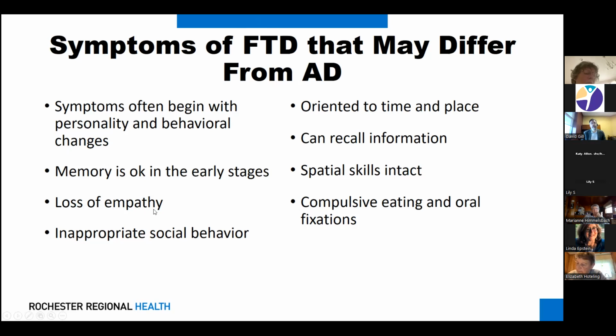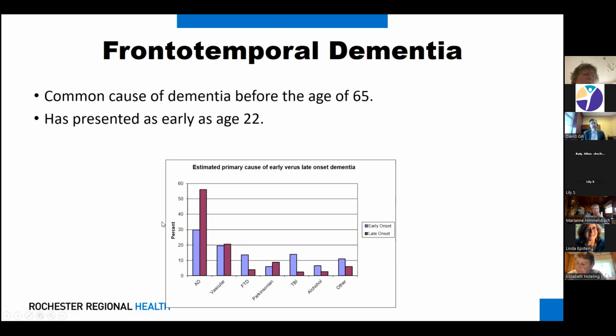And so they can have a lot of unique challenges from somebody with Alzheimer's disease. It's also much more common in somebody who's younger. So if you remember the graph I showed you about Alzheimer's disease, in somebody's 60s, it's very uncommon. If somebody's in their late 50s, early 60s, frontotemporal dementia is much more common than in somebody who's older.